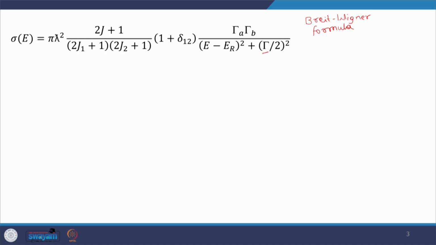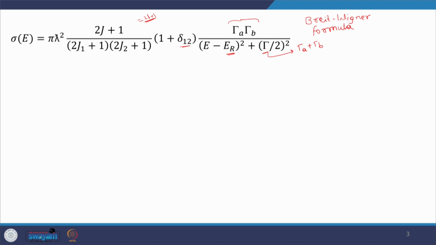Okay. So, this is the total width, that is formation width plus decay width, general expression, and this is the oscillator strength equivalent quantity, and this is the resonant energy, and this is the Kronecker symbol, and this will reduce to 2L plus 1 if spins are not included, but for the general expression we have included both orbital angular momentum and also the spin of the entities in the entrance channel.